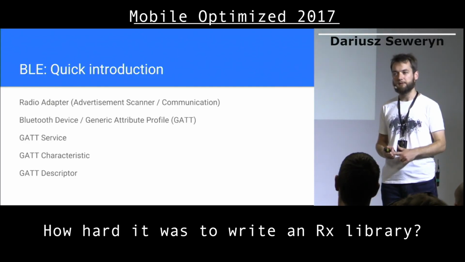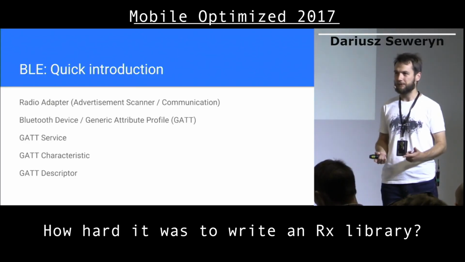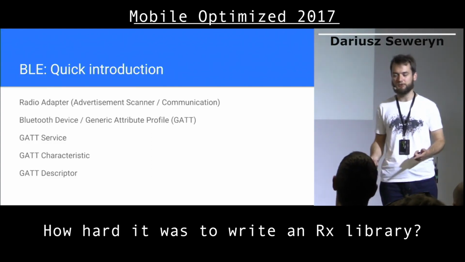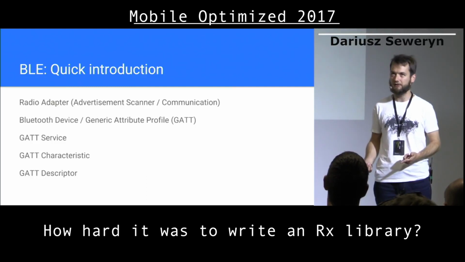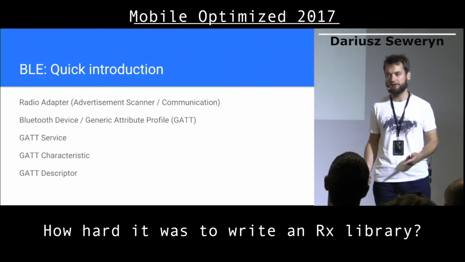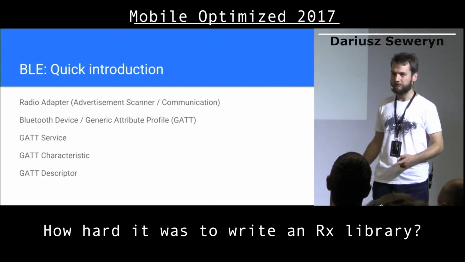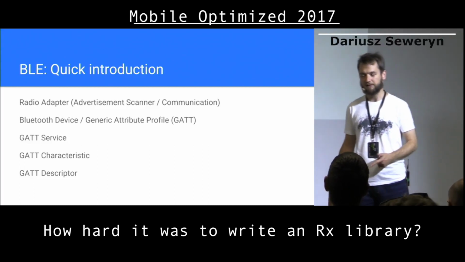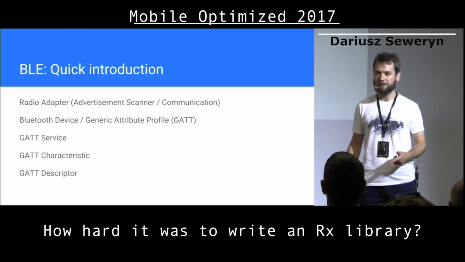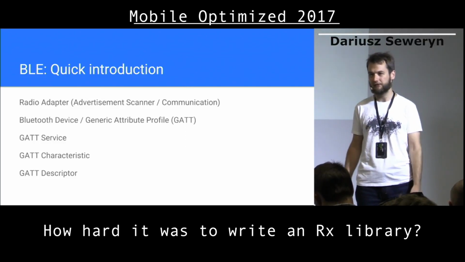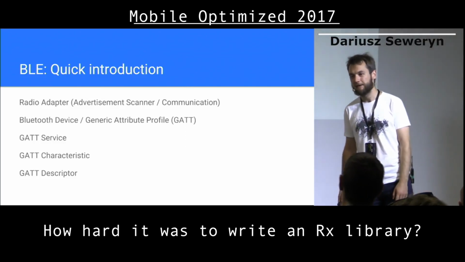Secondly, you need to have a permission for locating a user, because this is not so obvious, but having Bluetooth beacons whose position is known, you are able to track the user's location. But even then, to use Bluetooth and scan the devices that are nearby, you still need to start GPS location, or you will get no results without any error.